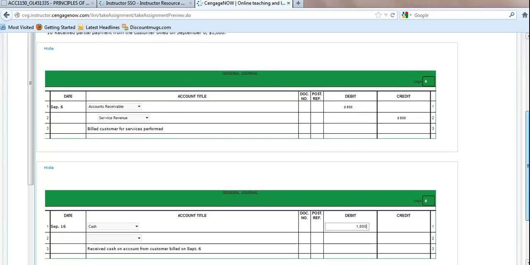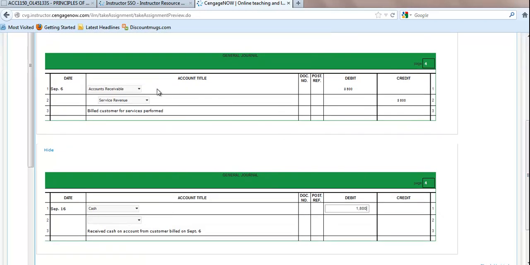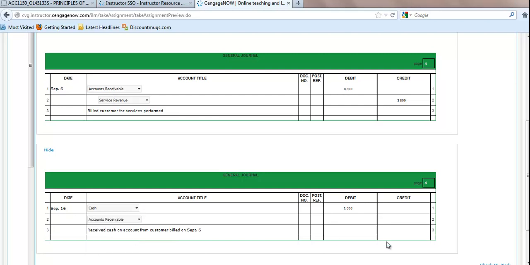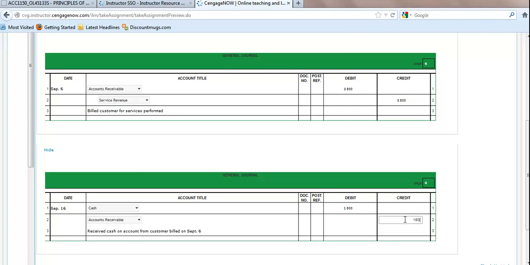Keep in mind that up here we had increased accounts receivable that said that they owe us $3,800. Well, if they pay us $1,800, they don't owe us $3,800 anymore, do they? They only owe us $2,000. So I need to decrease that accounts receivable account by the amount that they paid me.